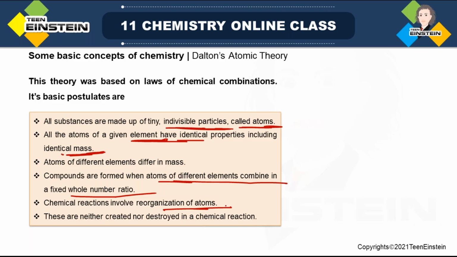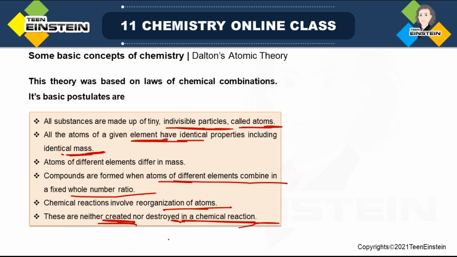There is one arrangement of atoms for oxygen and another arrangement for atoms of nitrogen. But when they form a compound, and there are different types of nitrogen oxides, atoms will be reorganized. Atoms are neither created nor destroyed in a chemical reaction.